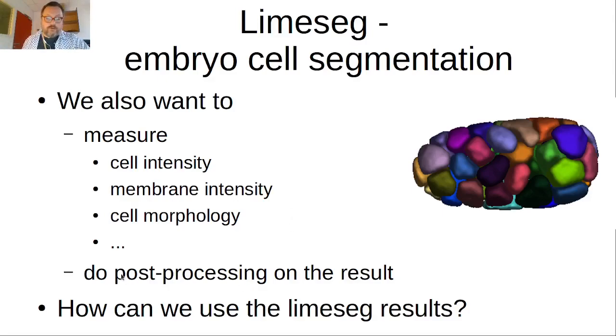And sometimes we also want to do some post-processing on these results in cases where the segmentation is not completely correct. Now, this is very puzzling, the situation, because we have very good segmentations, but we have the results in a form that we don't know how to use them.